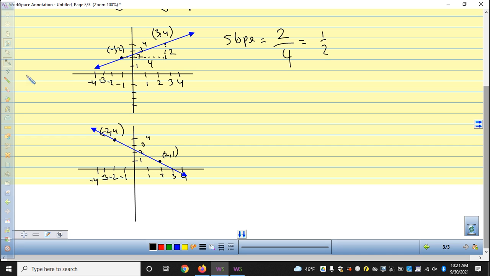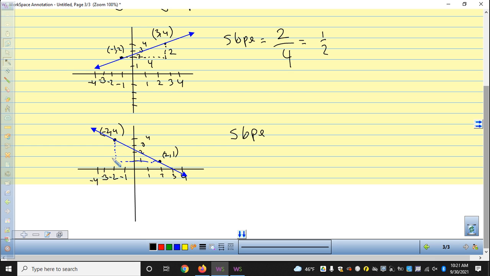And I'm going to do the same thing to find my slope. I'm going to think about this little triangle that goes like this, and I'm going to count my rise and my run. So I'm going from here, 1, 2, 3. But to get from this point to this point, I'm going down 1, 2, 3.